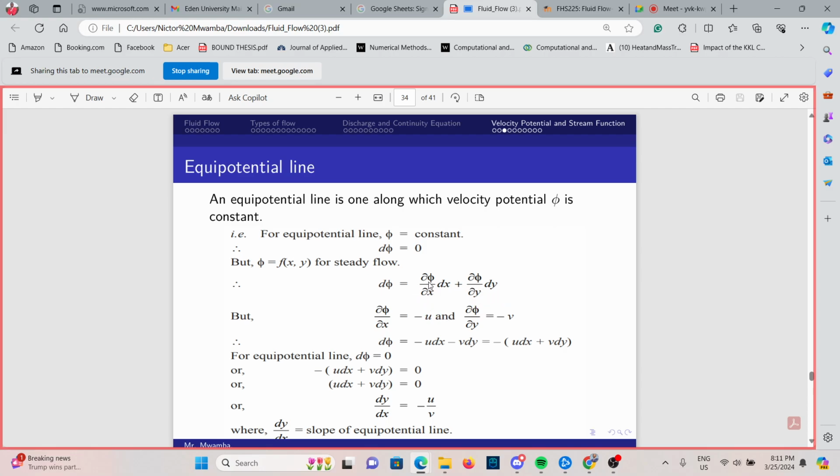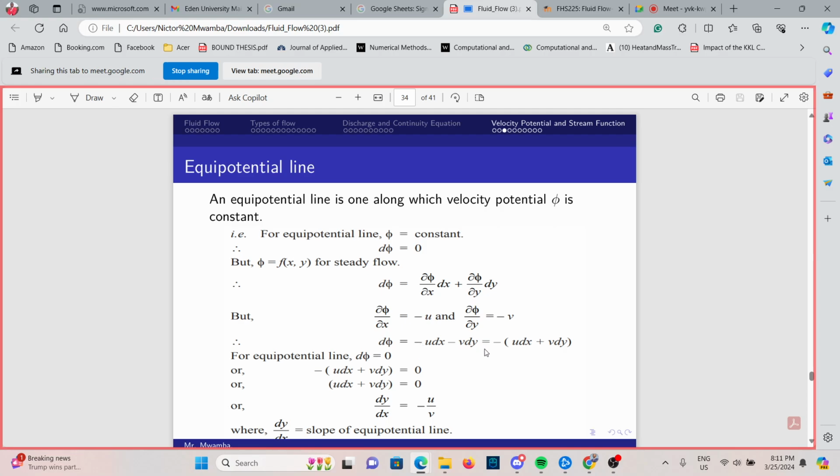But remember, phi x derivative, this section of the term, is equal to the negative velocity in the x direction. Then this section also is equal to the negative velocity in the y direction, because we're differentiating with respect to y. And then substituting these negative u and negative v back into this equation, you're going to obtain this equation here.